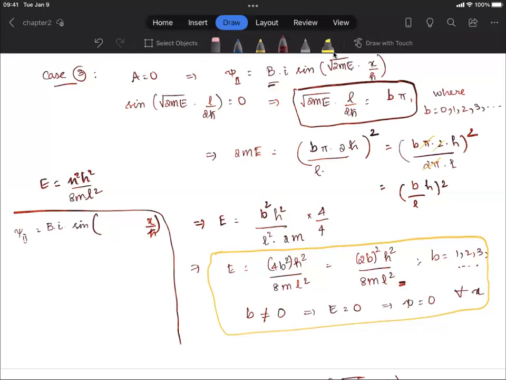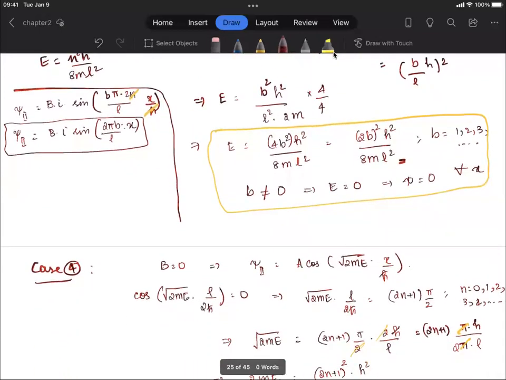This would just be B pi times 2h bar over L. Now I don't think I have to expand h bar, because I can just cancel out the h bar here and here. So that would give me 2 pi B over L times x. So this would be the wave function in this case.